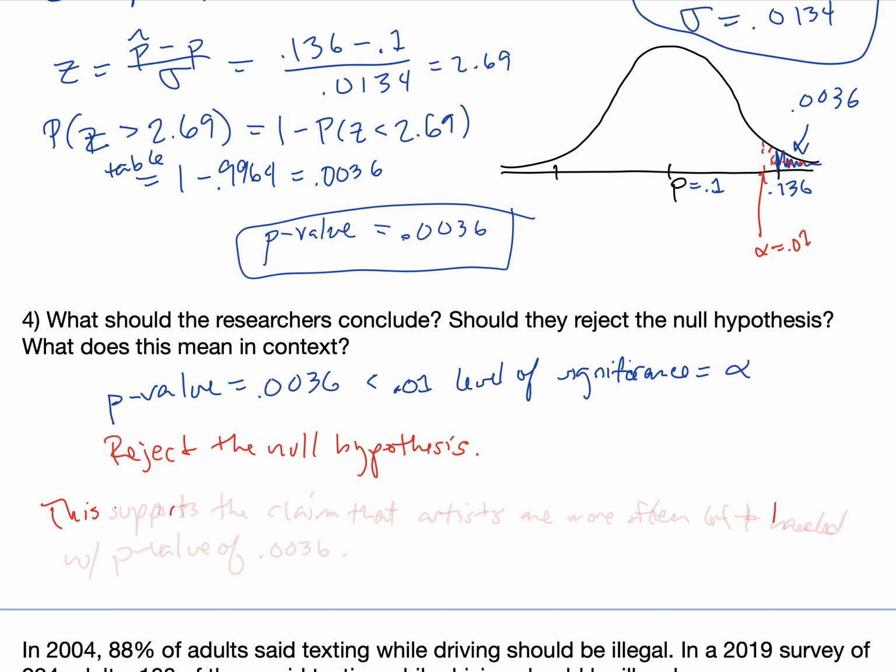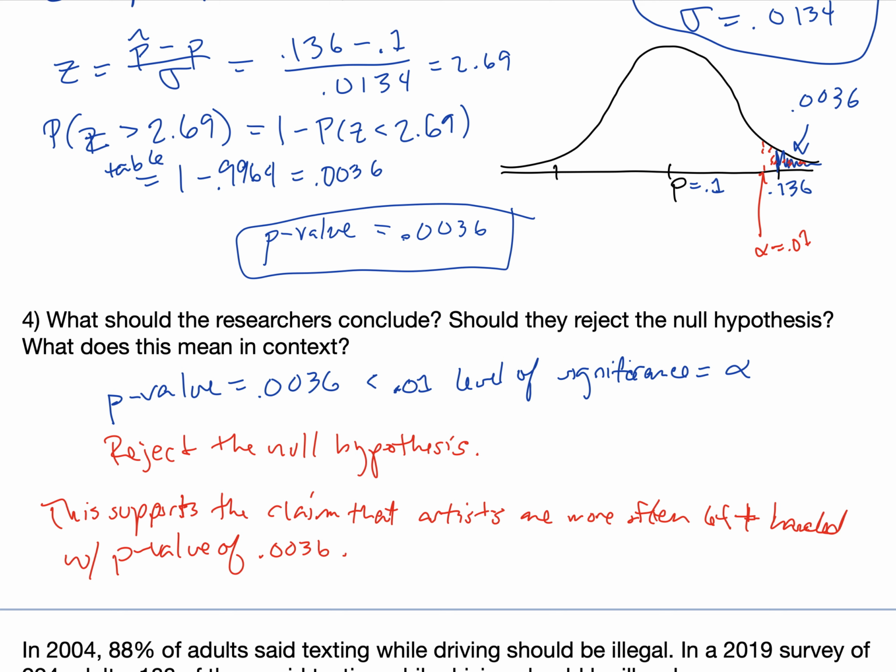this supports the claim that artists are more often left-handed with a p-value of 0.0036.